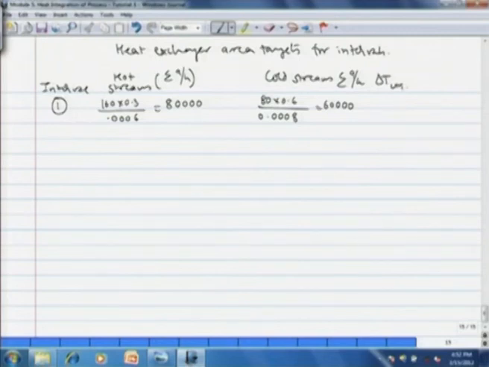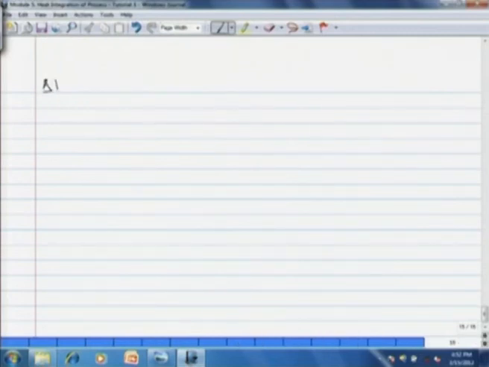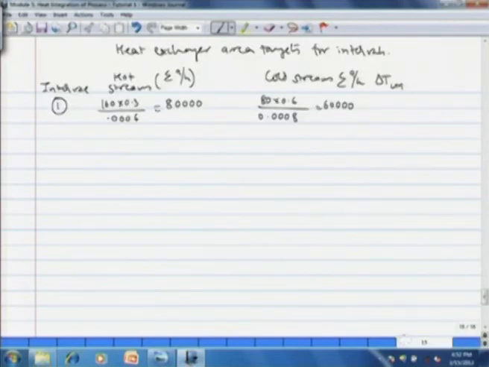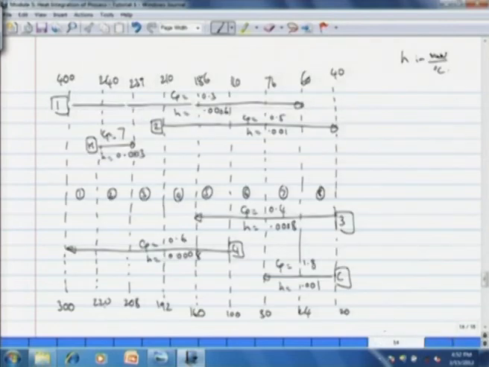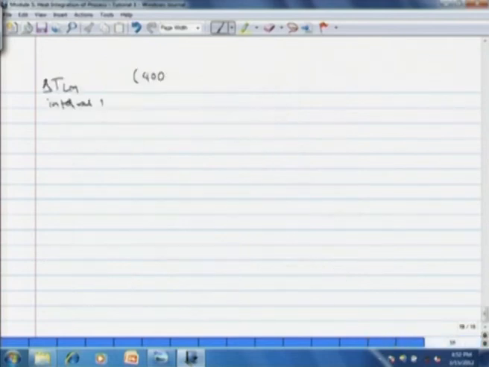Delta T Lm for interval 1: we have 400 degrees centigrade entry temperature for hot composite and 300 degrees exit temperature for cold composite. So delta T at one end or left end is 400 minus 300.